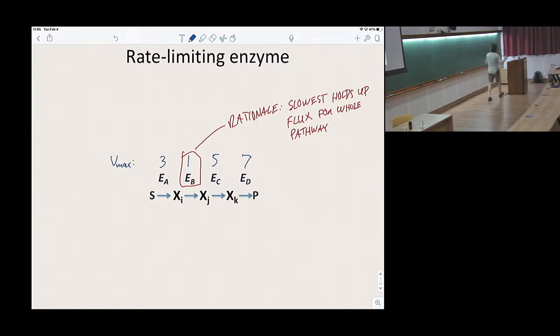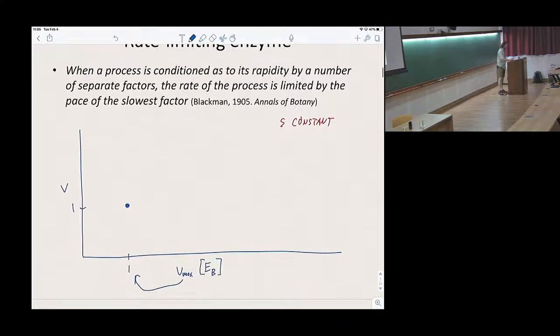And so this idea of a rate-limiting enzyme would suggest this picture, that wherever the next lowest is, which in this case happens to be 3, you could go faster until you hit that wall, and then that's as good as you're going to get, at least in terms of enzyme B changing, right? And so I'm going to spend my next section beating this concept out of your head. How this actually is entirely the wrong scenario to be thinking about.